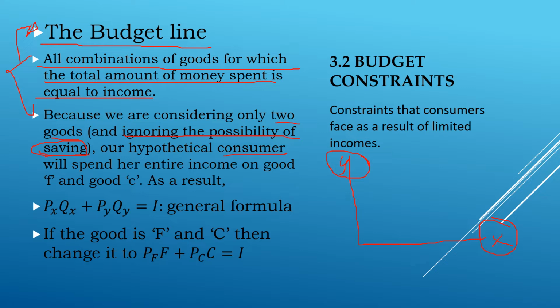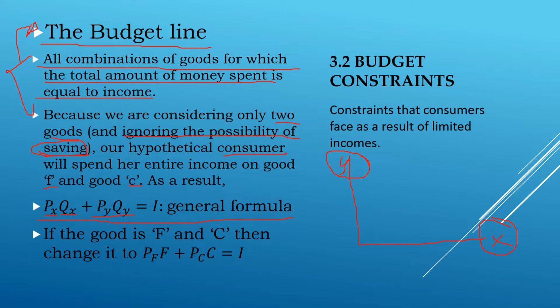Now we continue this discussion using our past example, which is food and clothing. So the general formula for how we allocate our income is this one: the price of good X multiplied by the quantity that we're going to buy, plus the quantity of the other product multiplied by its price.